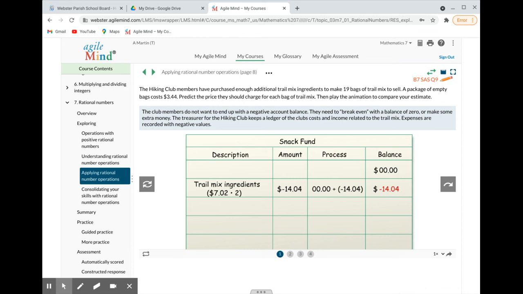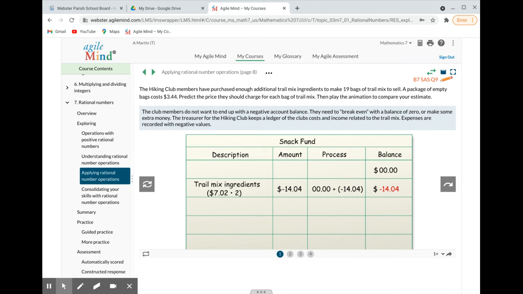So, what I want you to focus on is how much the trail mix ingredients cost for just one bag of trail mix. How much is the trail mix ingredients going to cost? What's it say there? 7.02 times how much?